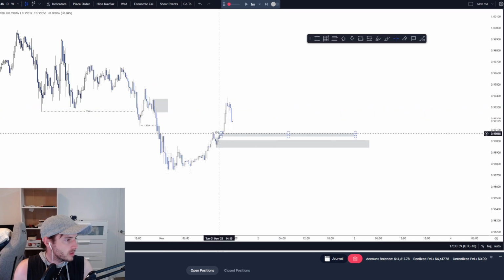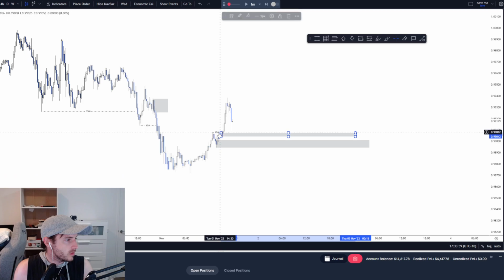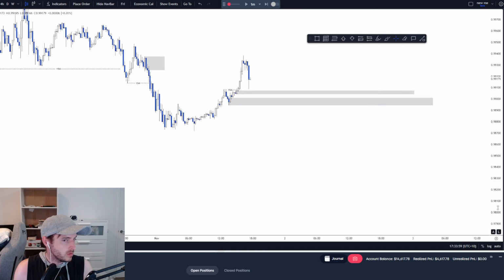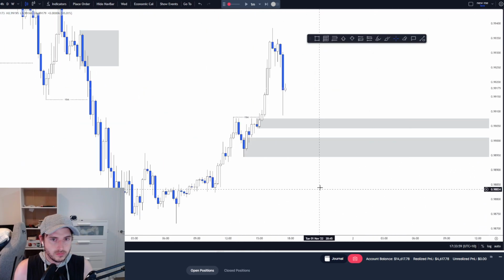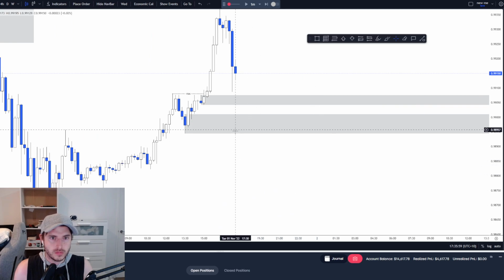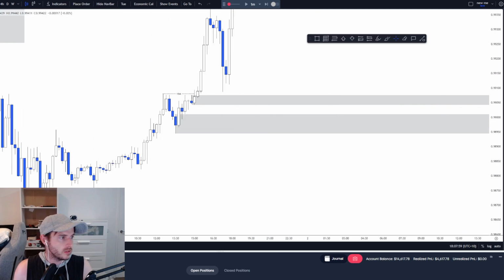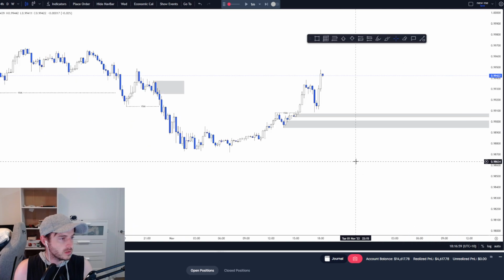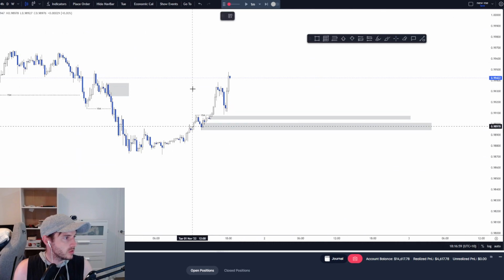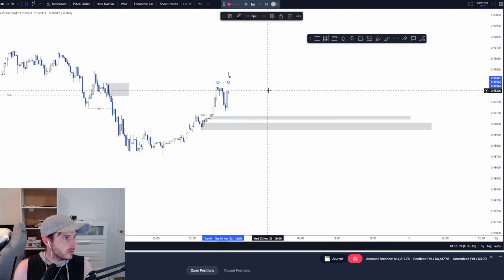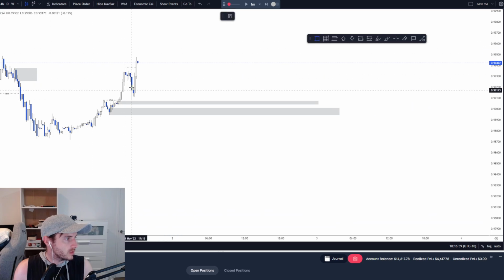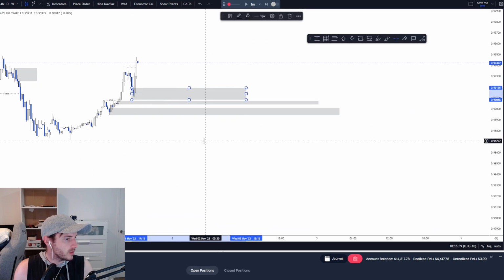Okay, price has come down to this overall zone area. Can't place any trades until it's my zone. Okay, that fails. So now we go, okay, we're definitely bullish. So a new little internal range. This is that. We tried that, right?